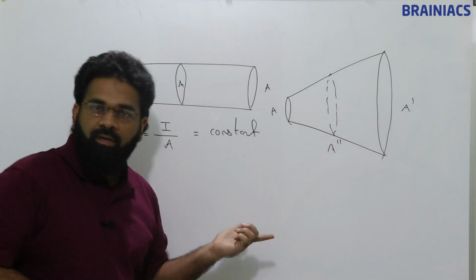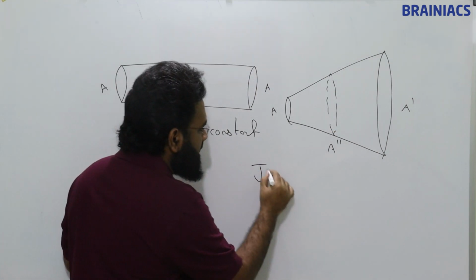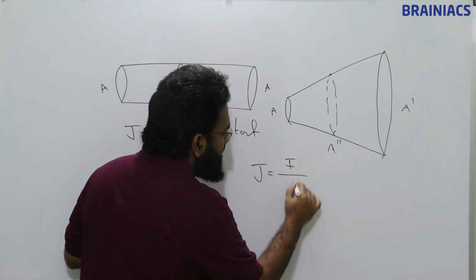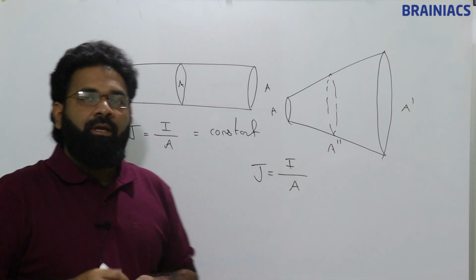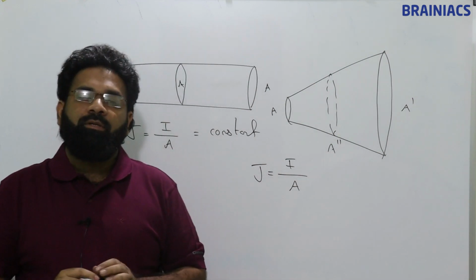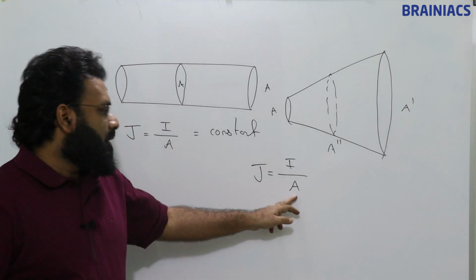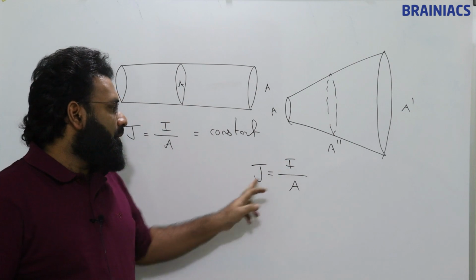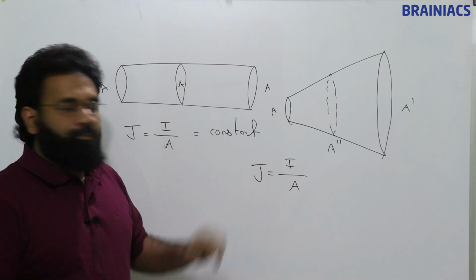Then here current density J is equal to I by A. Generally current will be constant. So when current is constant, this area will be varying, so current density will be varying.